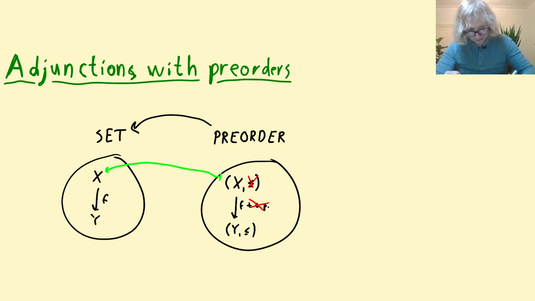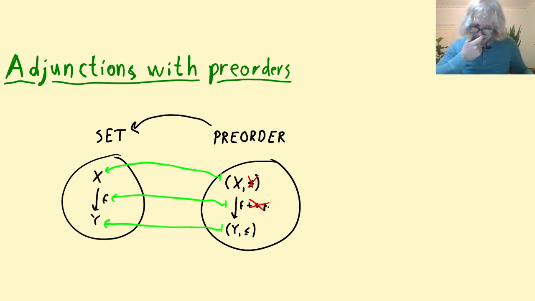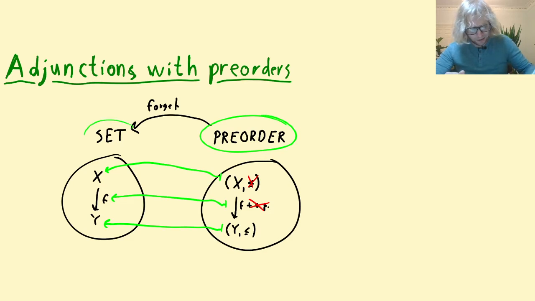So map that to that, and map that to that. That should give me a functor, and then I have to check that it preserves identities, etc. But that's good to work out, I think. So this is called the forgetful functor from this category of structure to this category with less structure. So I'm forgetting some of the structure.